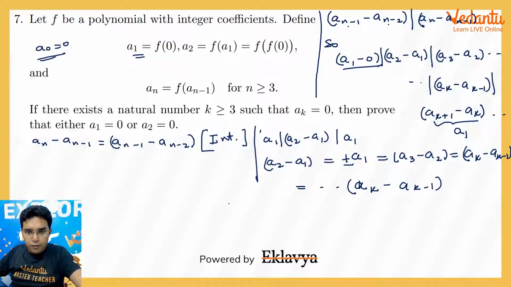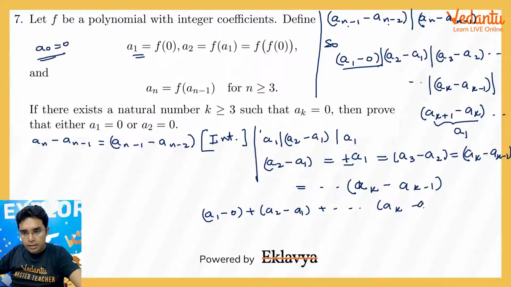Now, if I add all these terms, a1 minus 0 plus a2 minus a1 and so on till ak minus ak minus 1, you can check it is becoming kind of a telescoping method. So a1 will be cancelled, then a2 will be cancelled, only ak will remain, but that too is 0 because we are given in the question.